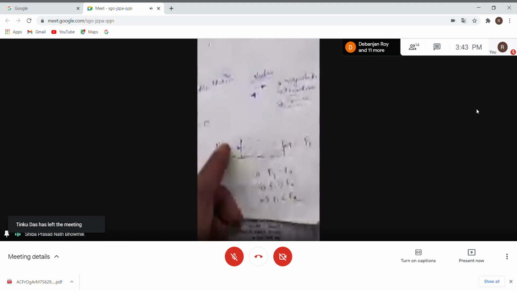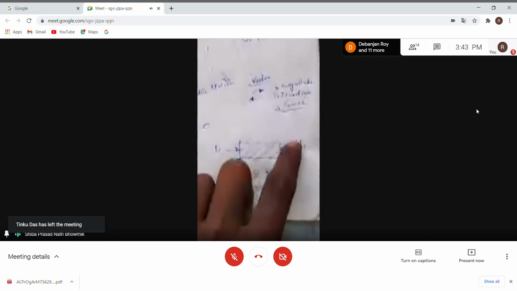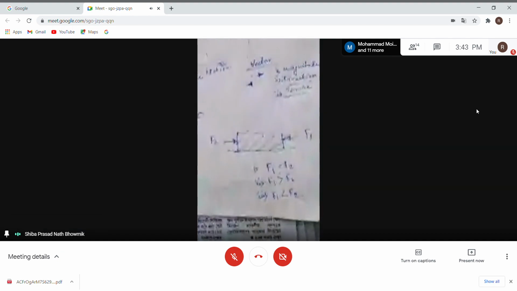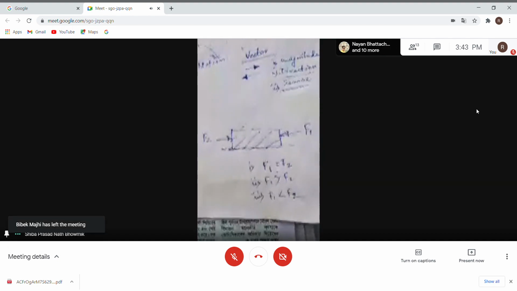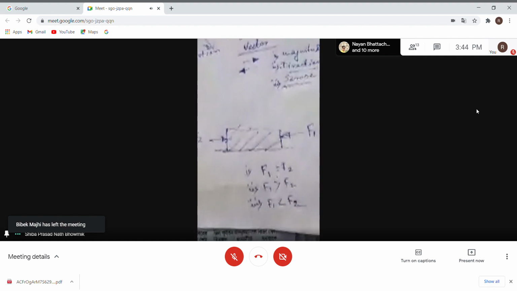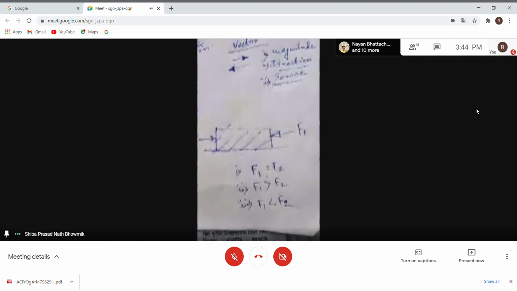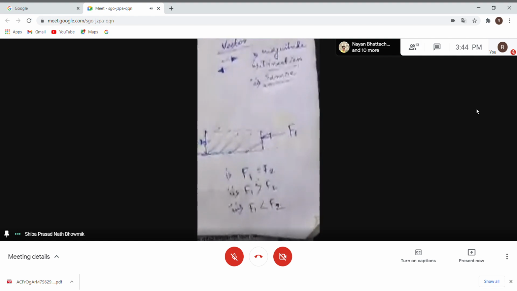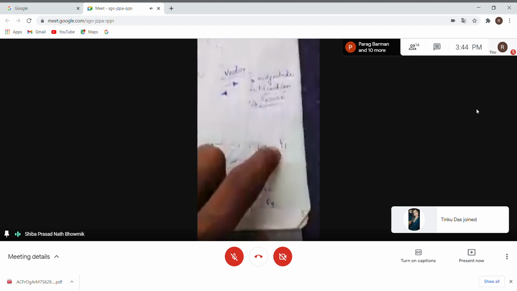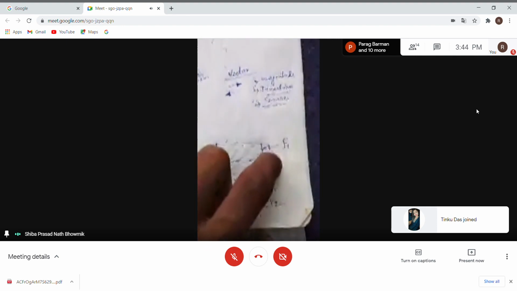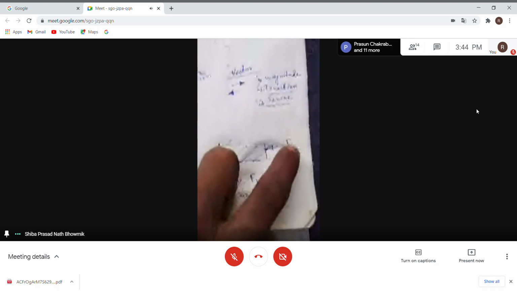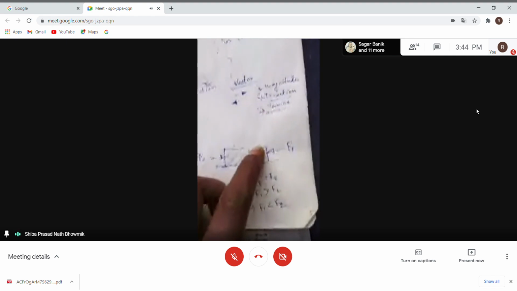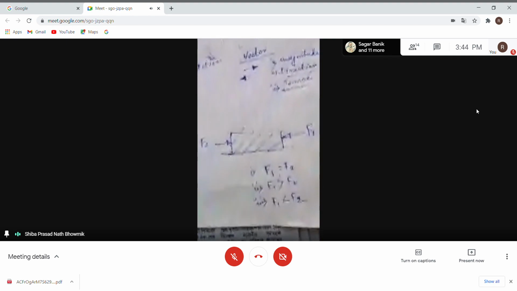If F1 is greater than F2, then the object will move along the direction of this force F1, right? If both are the same, there will be no displacement. Yes, sir. So this quantity depends on the direction it represents, it has some direction, so the object will move along the direction of the force whose magnitude is greater.